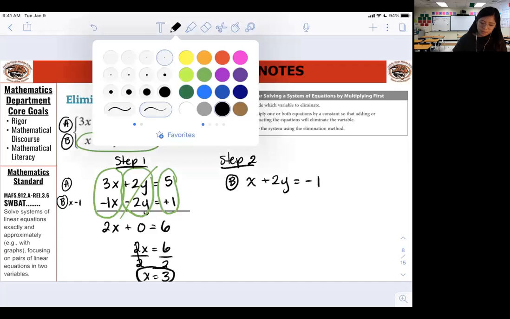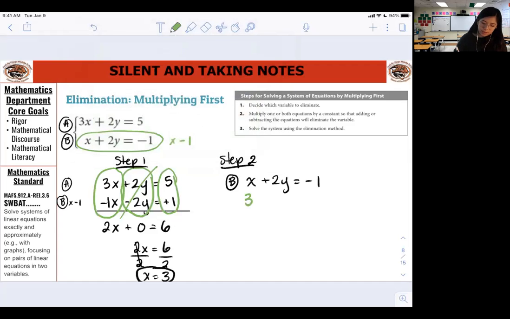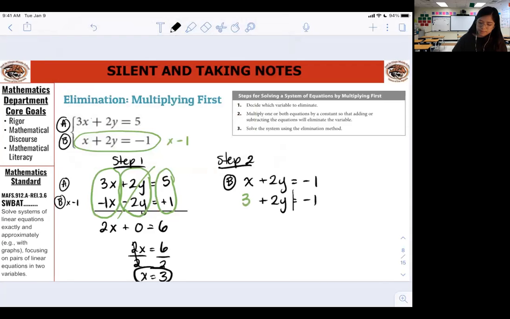So I plug in my 3 for x. And what should I do to both sides? Subtract 3. Subtract 3, good. It cancels out. What's -1 minus 3? -4.